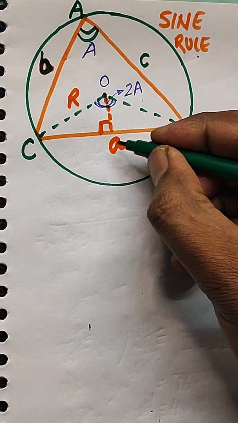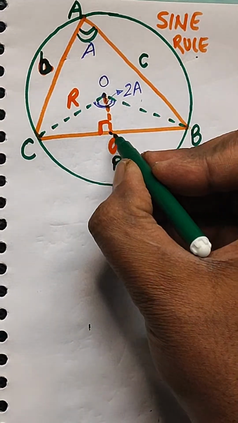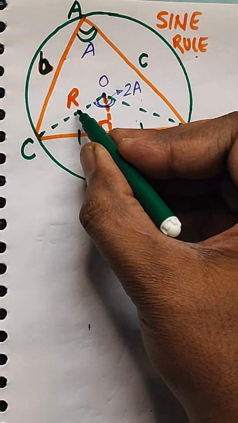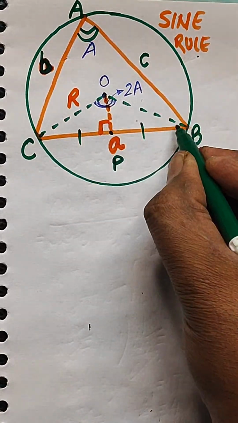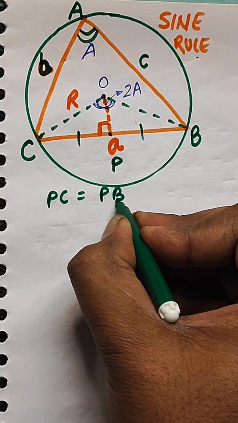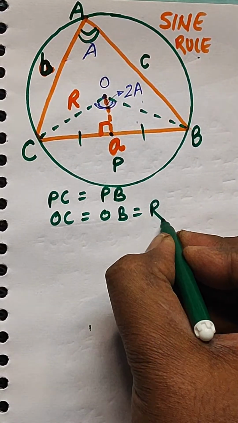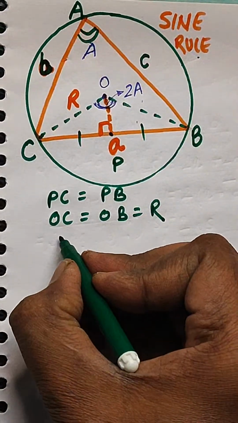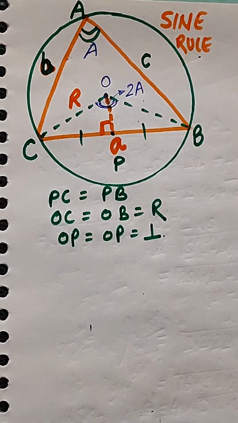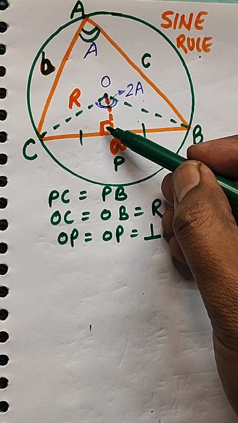So if this point is P, then PC will be equal to PB, and OC is equal to OB, which is R, and OP is the perpendicular, so this angle is 90 degrees.